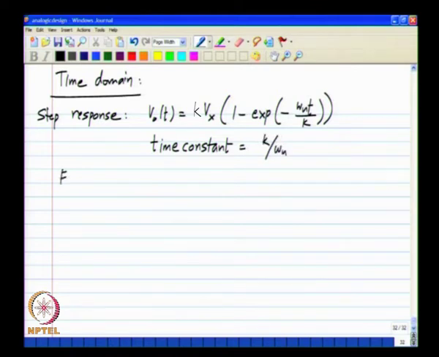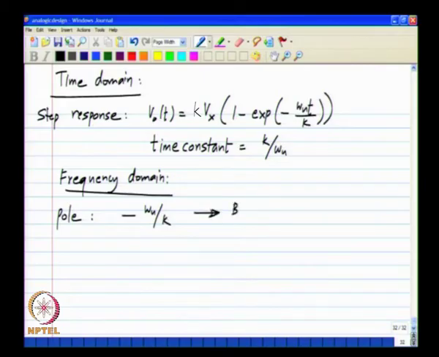From the frequency domain analysis we see that the pole is at minus omega u by k, which results in a bandwidth of omega u divided by k.